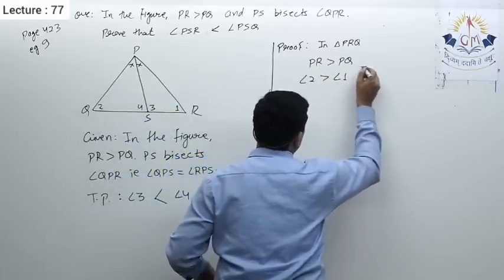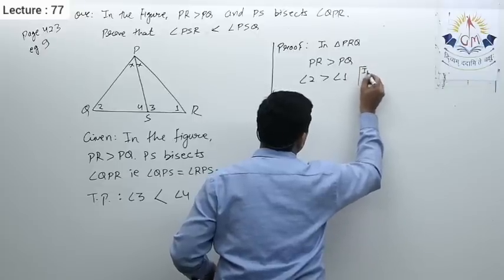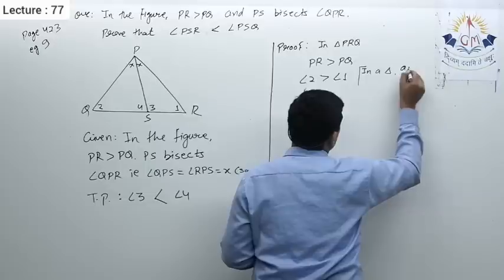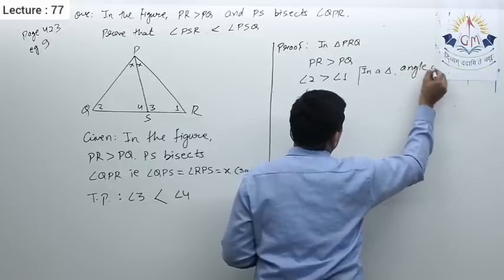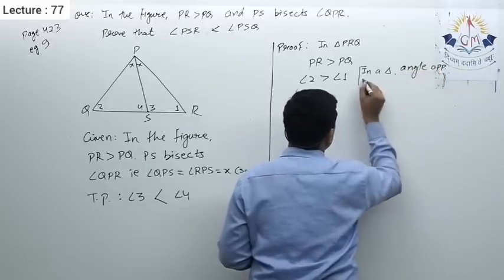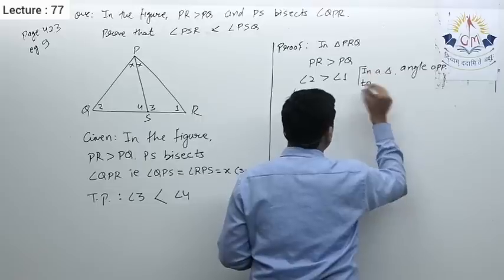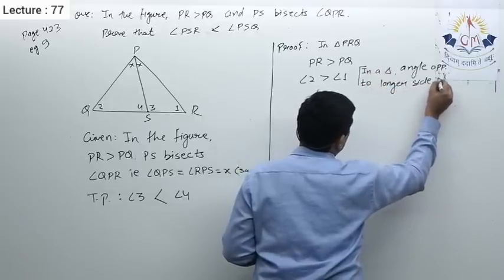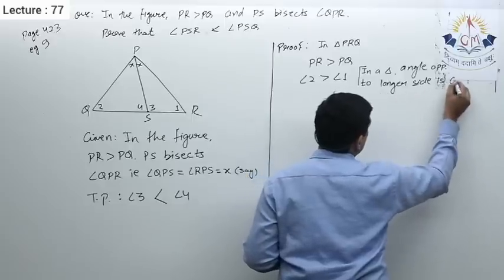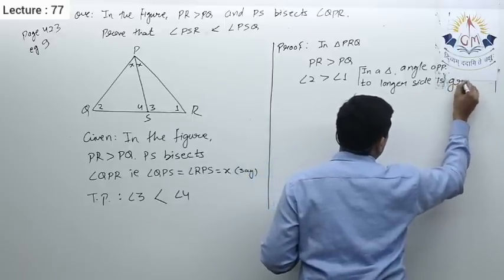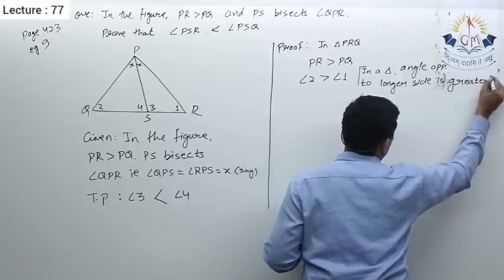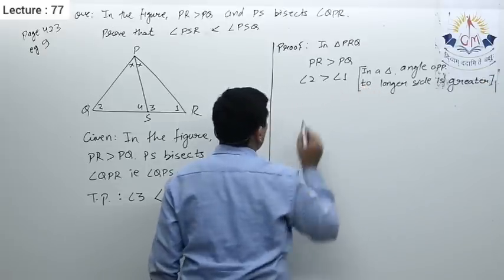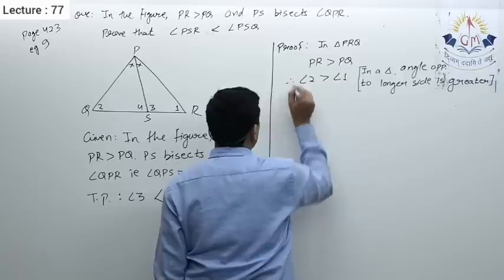Here you have to write a reason: in a triangle, the angle opposite to the longer side is greater. So angle 2 is greater than angle 1.